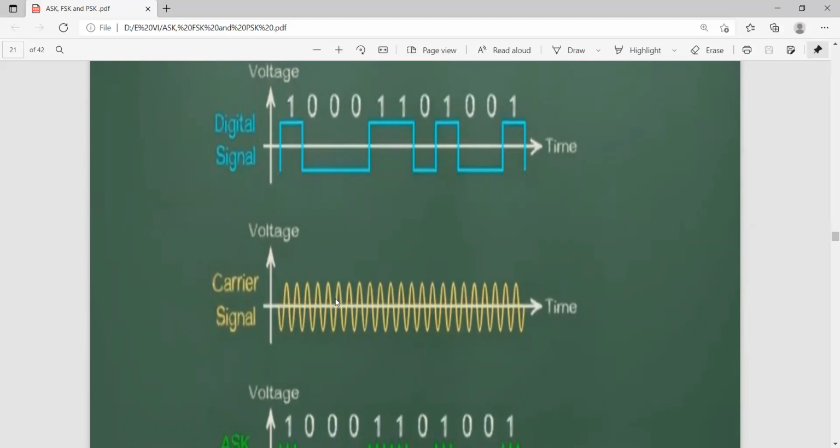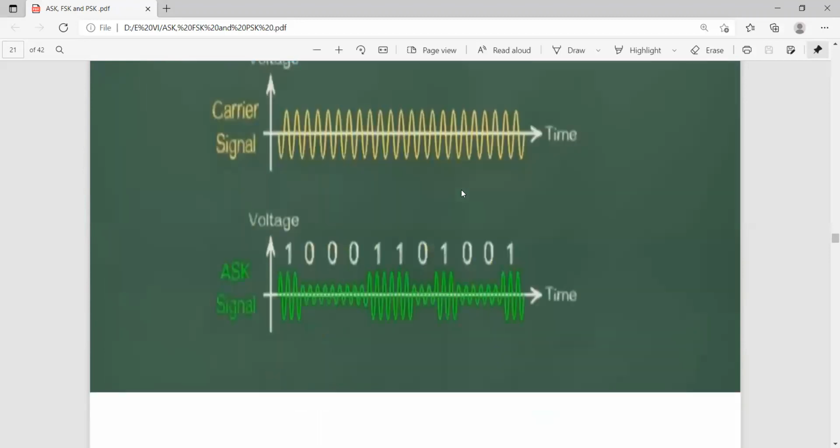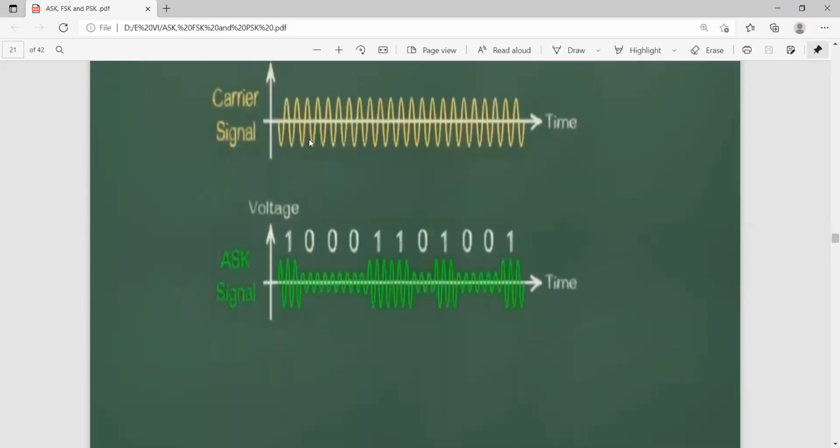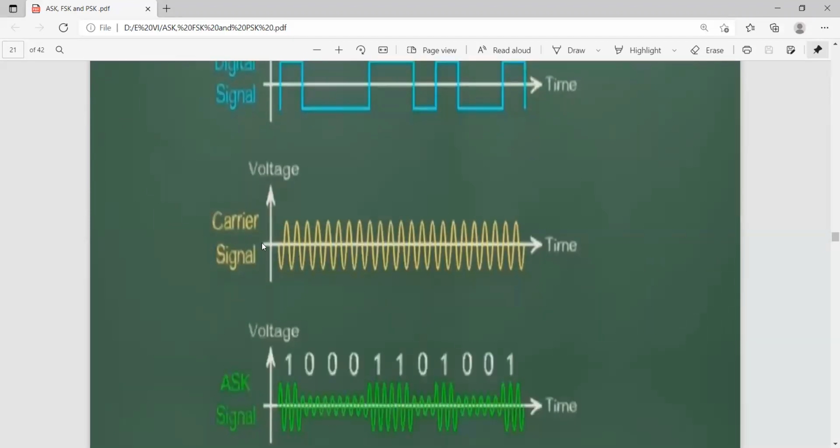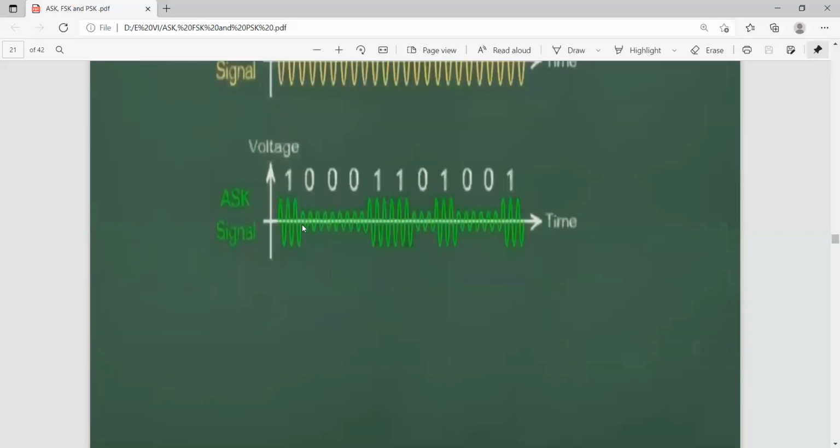For 0 signals, the carrier wave is absent, or there is a very small amount of carrier wave. So the signal appears like this. If there is a 1, there is no change in the carrier, but for 0 it is almost zero.